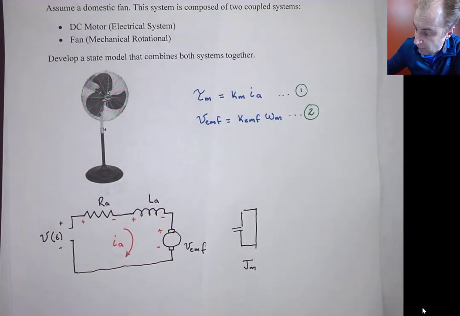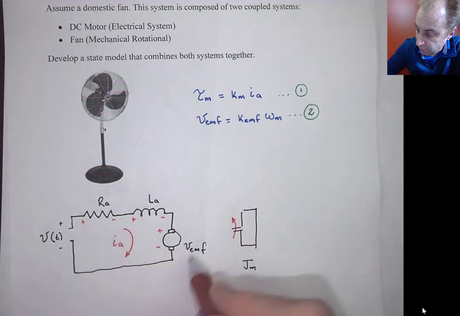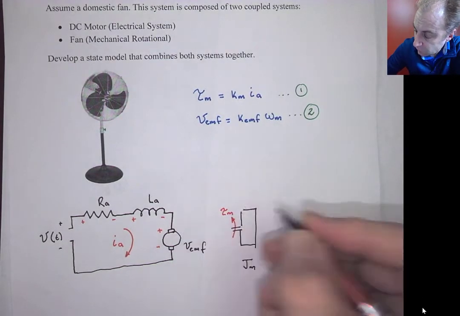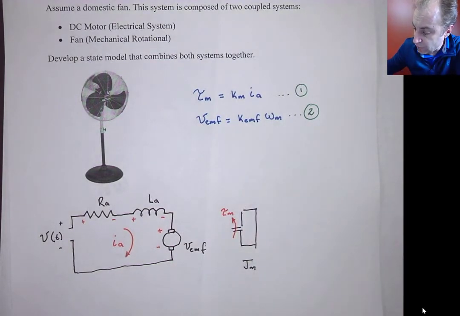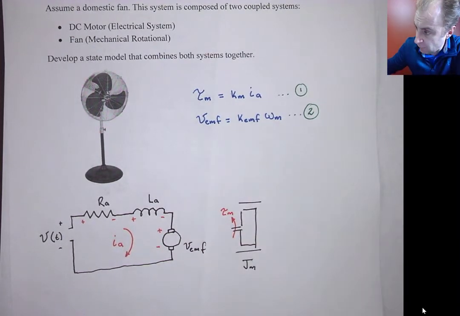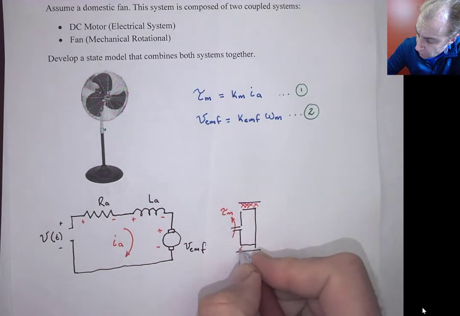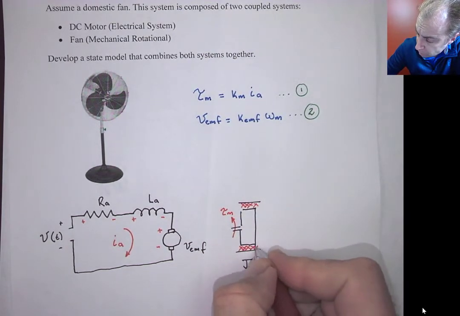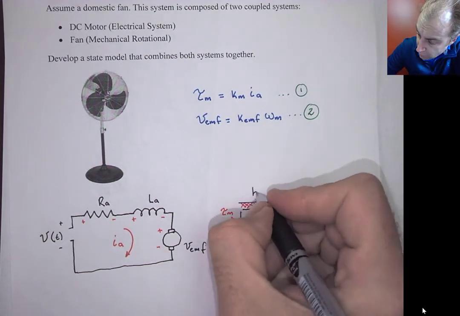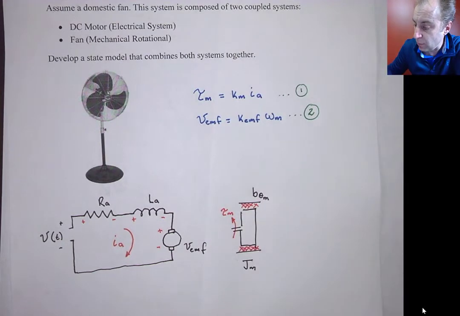There is going to be an input torque coming from the electric circuit, and that's tau M, and we're going to assume that there is some friction, a constant B theta M, based on the motor.